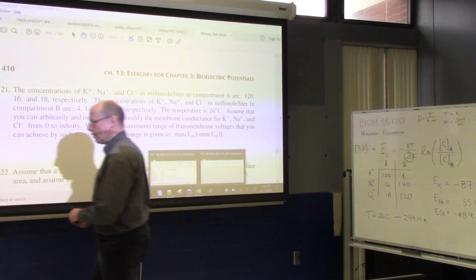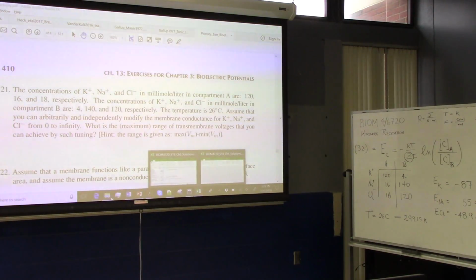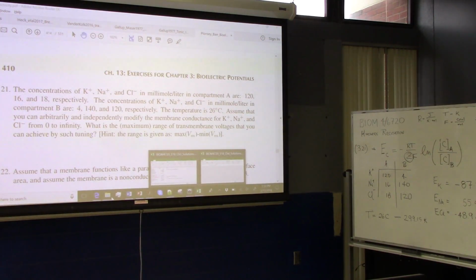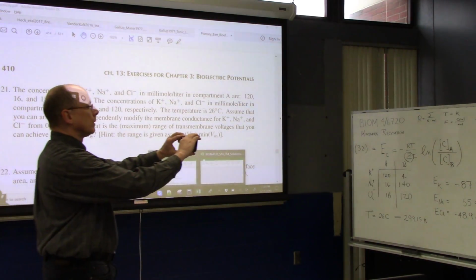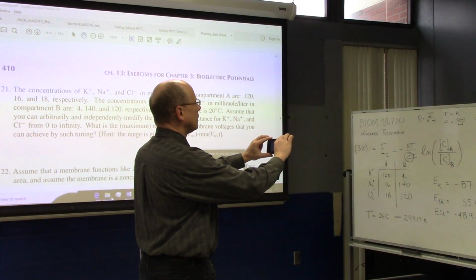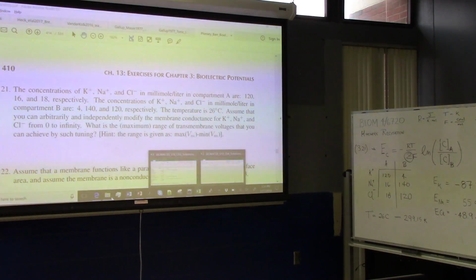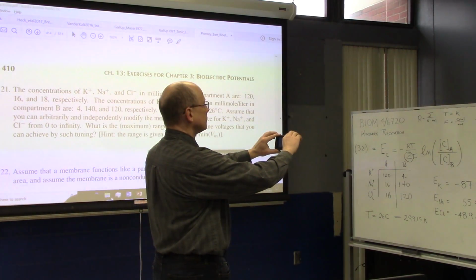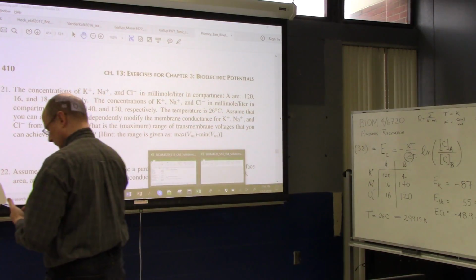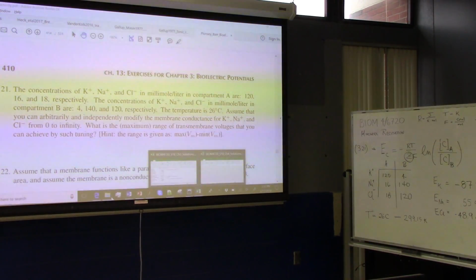So that's the first part of the problem, is to get those voltages. Now what's the second part of the problem?